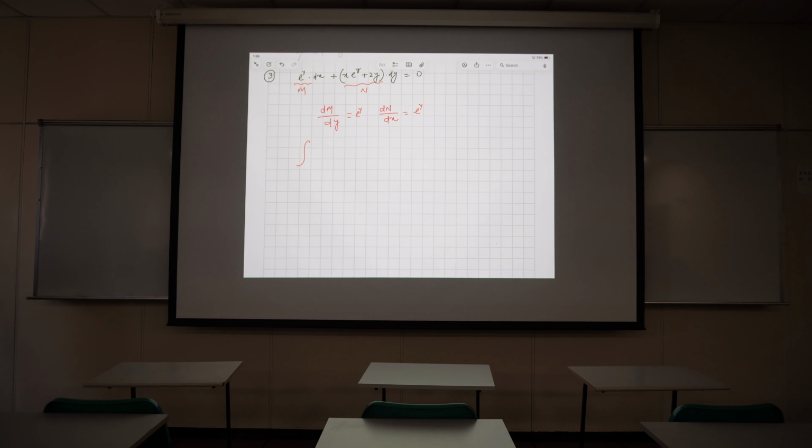That is e to the power y dx plus x e to the power y plus 2y dy is equal to constant.